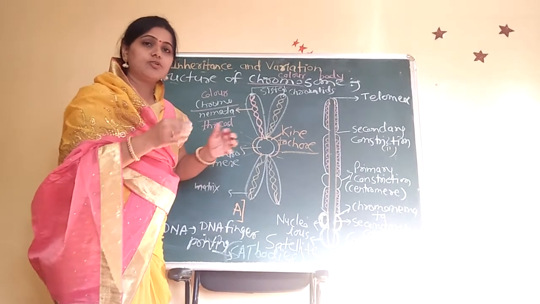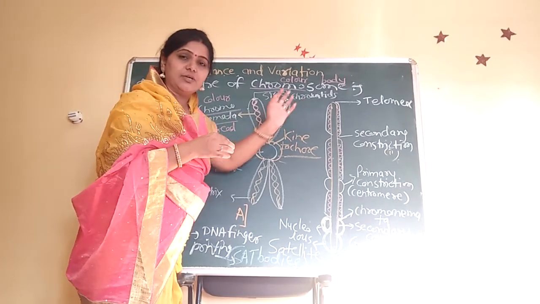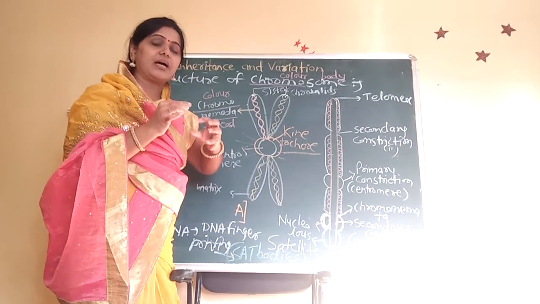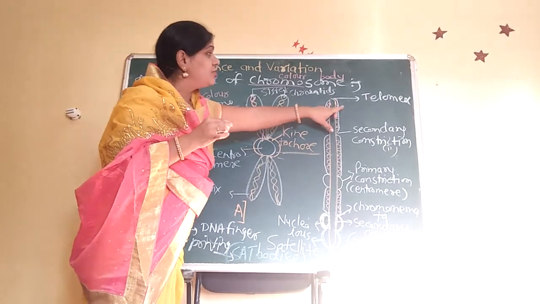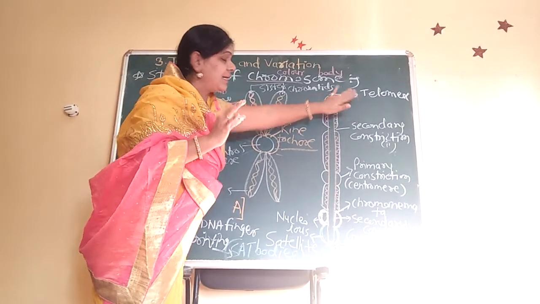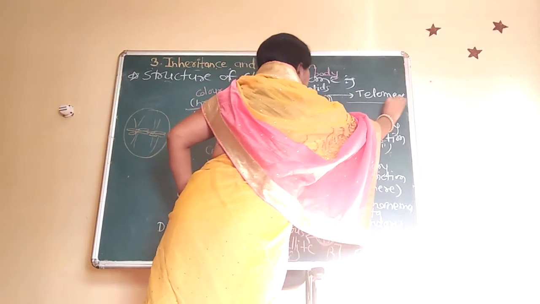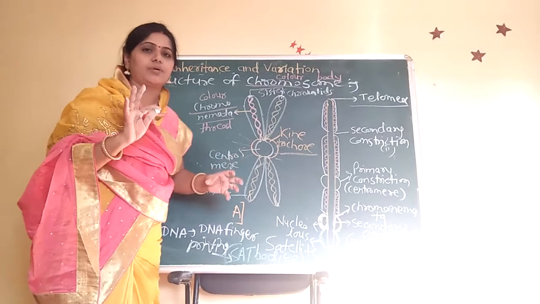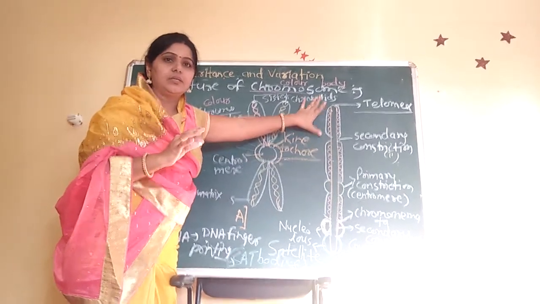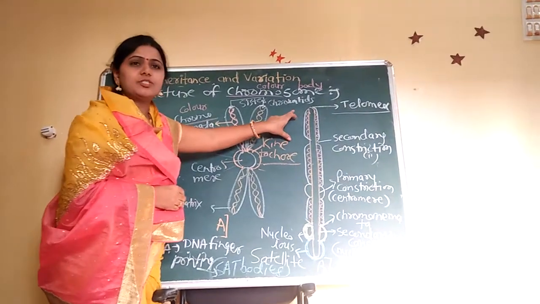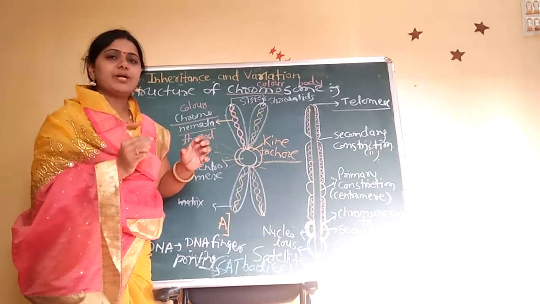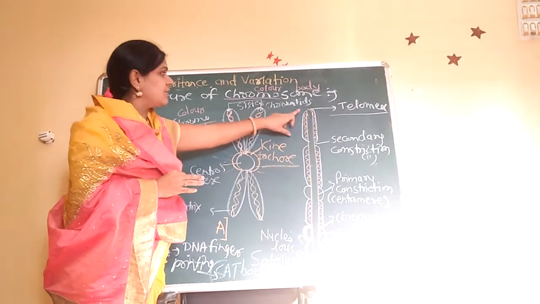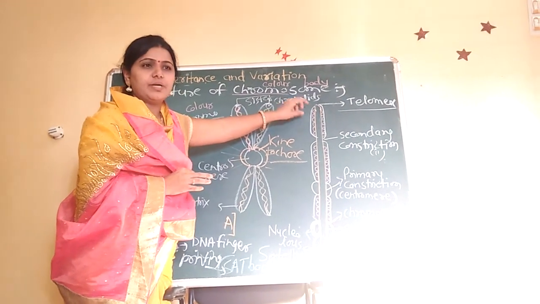Telomere is one of the components that protects chromosomes from attaching to each other. So the telomere prevents the attachment of two or more chromosomes to each other. That is one of the functions of the telomere.